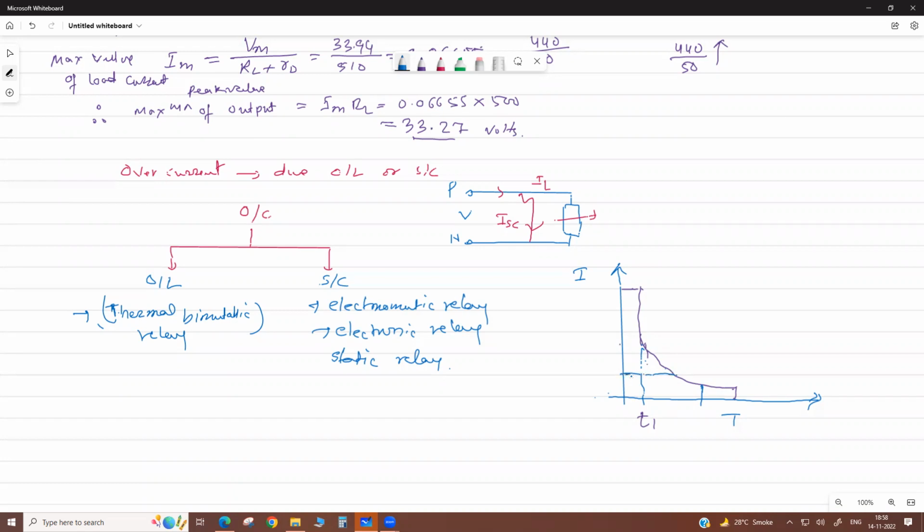Then this is your delay time, like overload, due to overload. Very high current in a very short time trips, instantaneous trip. But if it is an overload, then there will be a time delay.